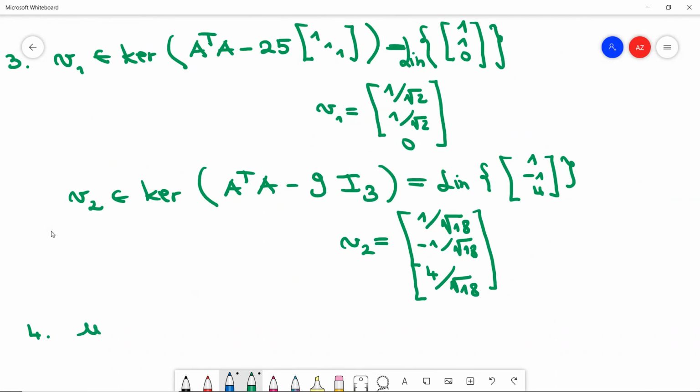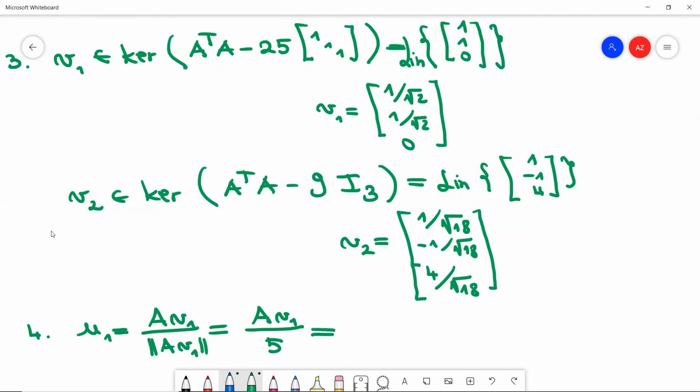And then U1 is just A V1 divided by the norm of A V1. It is A V1 divided by the singular value corresponding to V1, so it's 5.